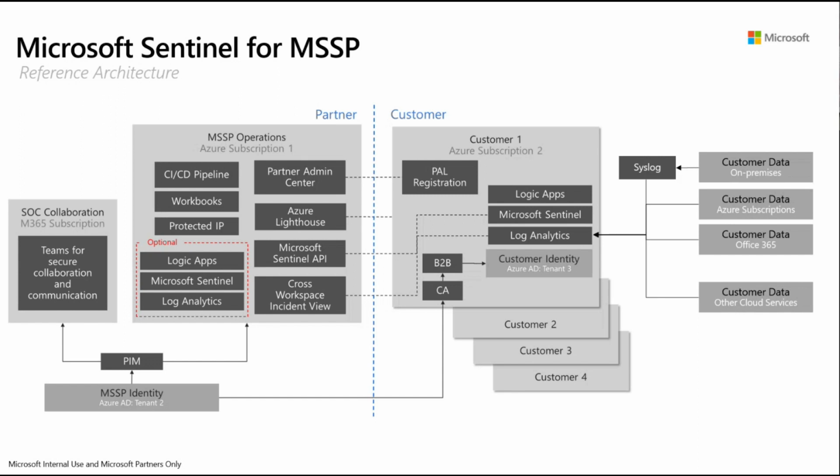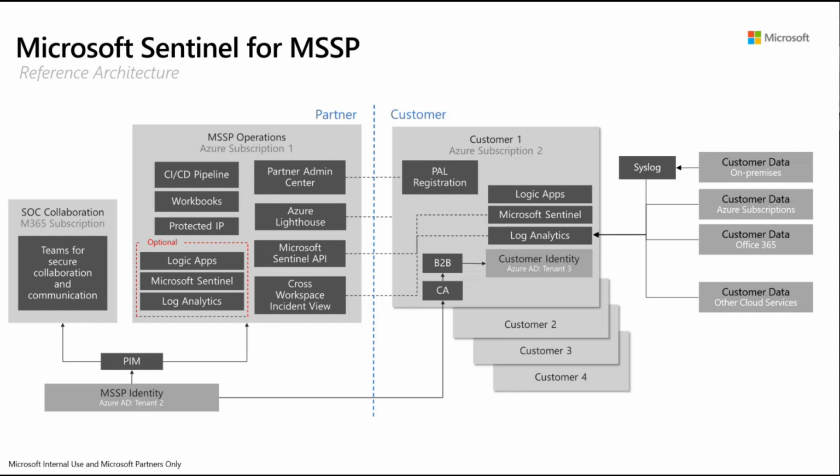All the integrations are still going to work in the same manner because it's all based on permissions. What do my users have permissions to? If I have permissions to see only 2 customers, and I have a workbook here that looks at cost, I'm only going to see the cost for 2 customers. If I have permissions to all 4 customers and I open that cost workbook, I'm going to be able to see all 4 of them.